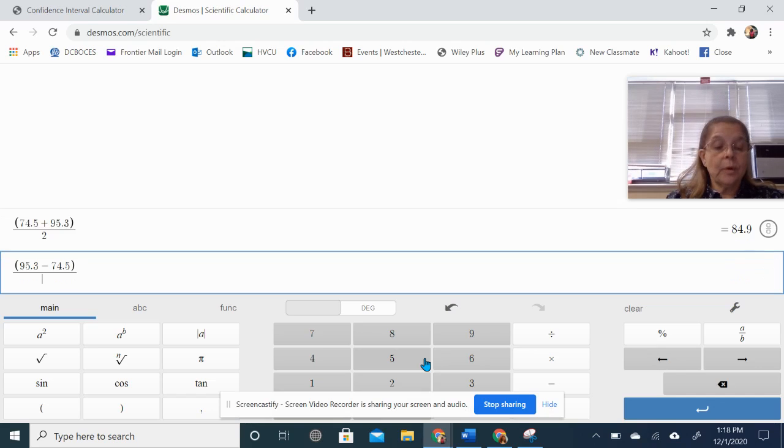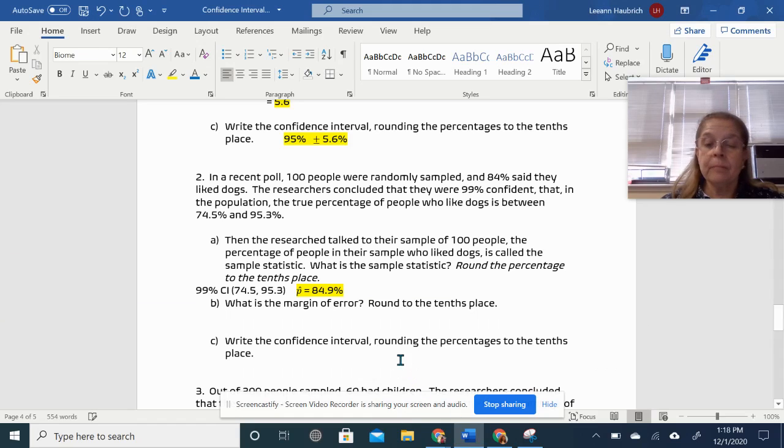0.5 divided by 2. And that's a pretty big margin of error, 10.4. So the margin of error here, MOE, you need to show your work, is 10.4. And I will go back and grab it from the other side in the picture. I should have grabbed it on the other one.